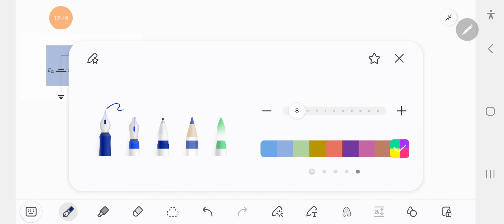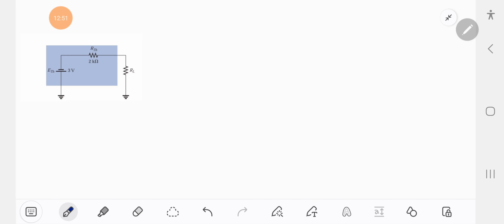Now we have RL, which is the load resistance. For example, when we have a load resistance equal to 2K, what will happen?